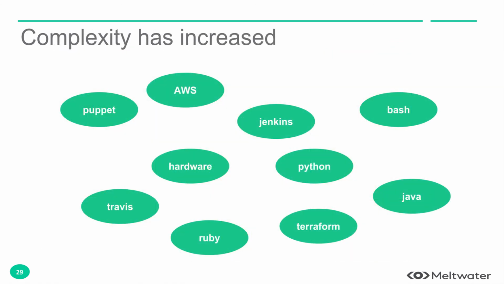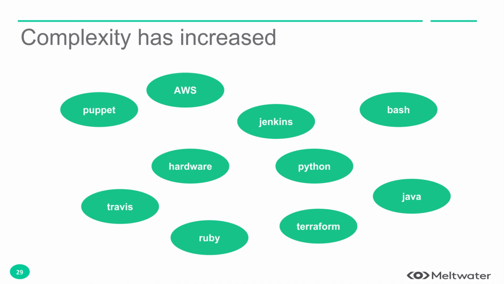Another thing that has been a challenge is that when we started out, we had a few services written in Java, of course. We had Puppet, as I told you. We used to build our Java code in Jenkins. We actually had a few Ruby scripts for debugging. And that was about it.